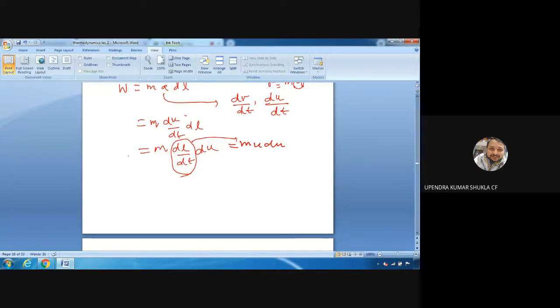So dl, which we took as displacement, gives dW, the work. So this is dW. Now to get the W, how will you get the W? Integrate this equation for a finite change in velocity.